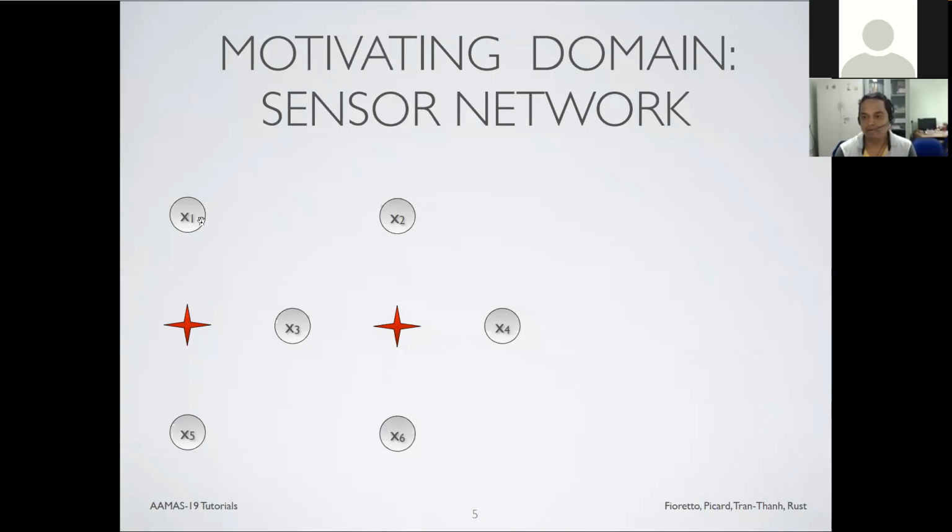So if you see this diagram, there are 6 sensors and there are 2 targets. If I assume that X3 switches on the north side of it, it is a wastage of energy because through the north side it cannot see or cover any target.